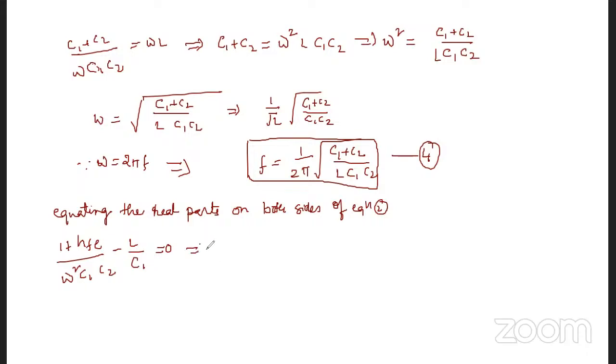So from this, you can write 1 plus HFE by omega square C1 C2 is equal to L by C1.